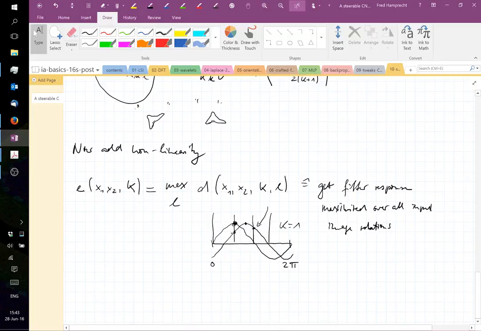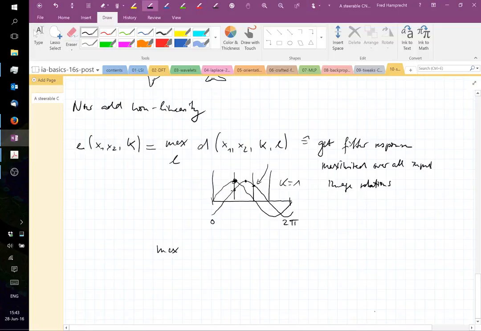Okay, so if we want to combine this with max pooling, we could do something like this. We could say we want to find the maximum over both L and small shifts in both directions, and we could say this is x1 plus S1, x2 plus S2, and L. And then S1 and S2 would be, let's say, from minus some number to plus some number.